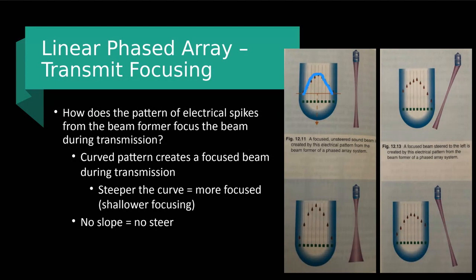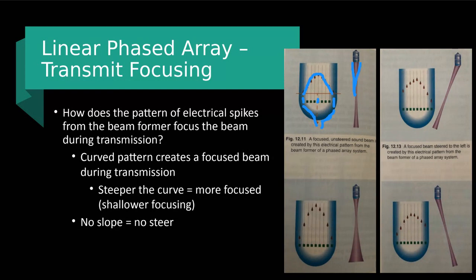So it's going to excite the crystals on the outside first, and then it's going to excite the crystals in the middle last. Because we are exciting the crystals on the outside first, they're going to go like this, and they're going to focus right here.